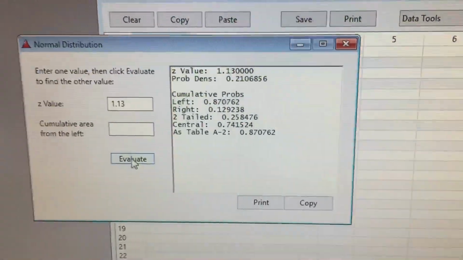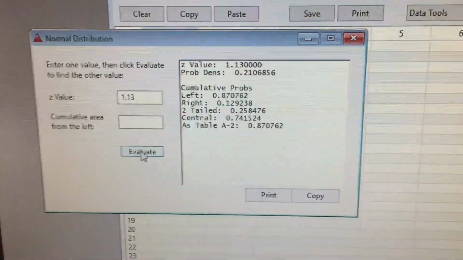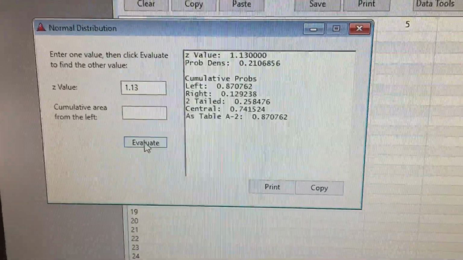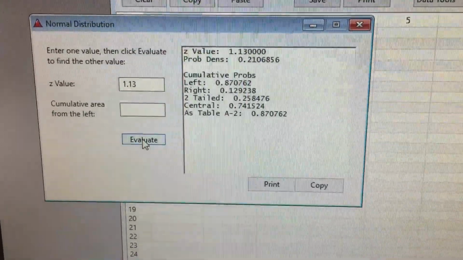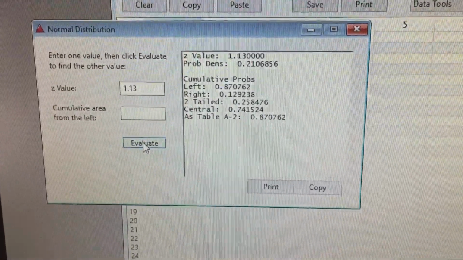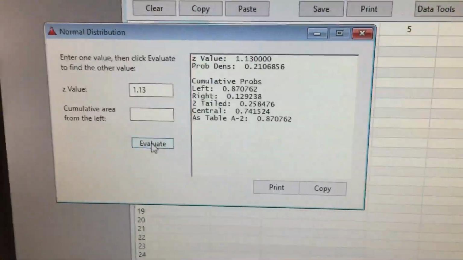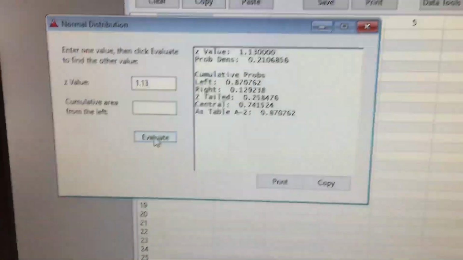But you're going to give that answer to 4 decimal places. So this will be 0.1292. Okay, so less than is the cumulative area from the left, greater than will be the cumulative probability on the right. That's the difference.